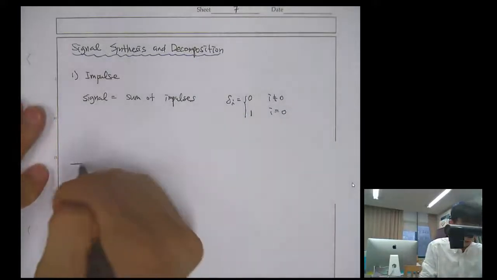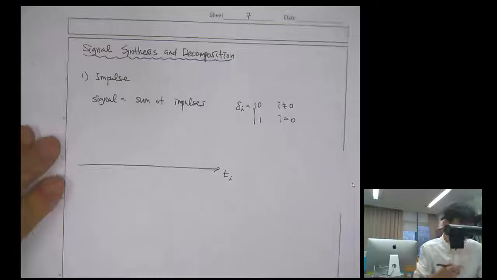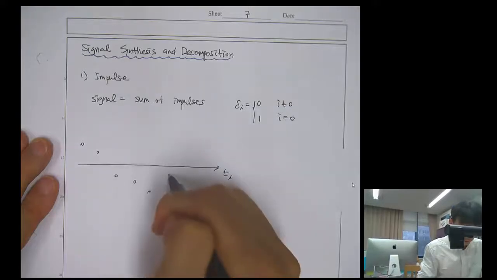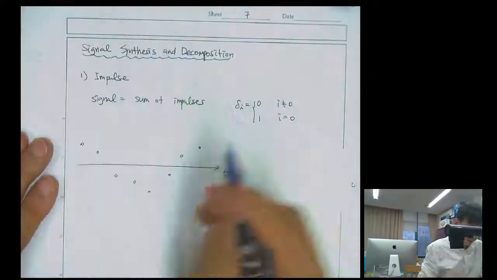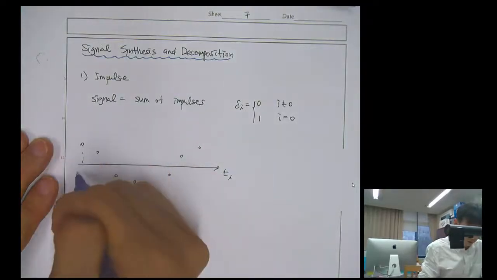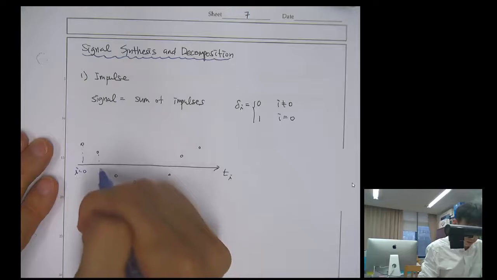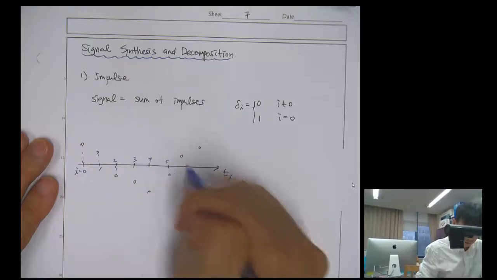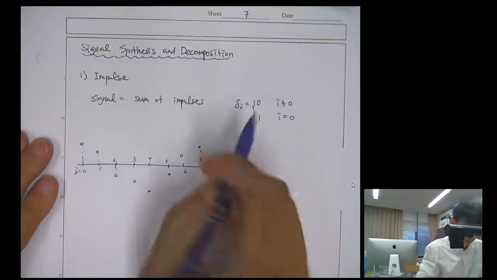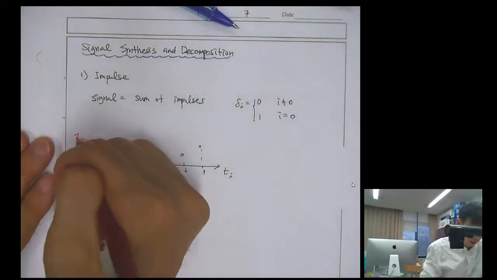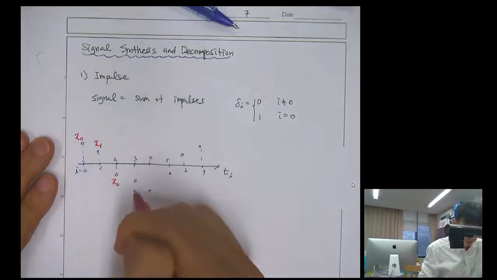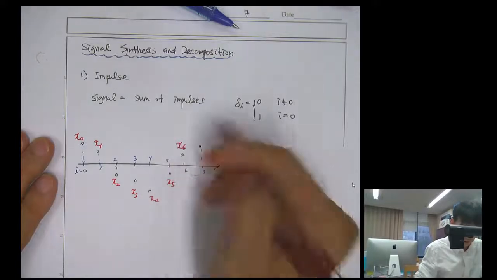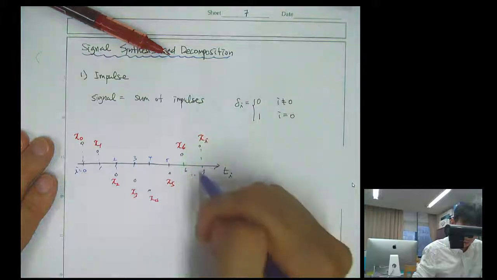For example, if you have a discrete signal like this, where I is 0, 1, 2, 3, 4, 5, 6, 7, and the amplitude is X0, X1, X2, X3, X4, X5, X6, and let's say that this is Xi, so this is I.